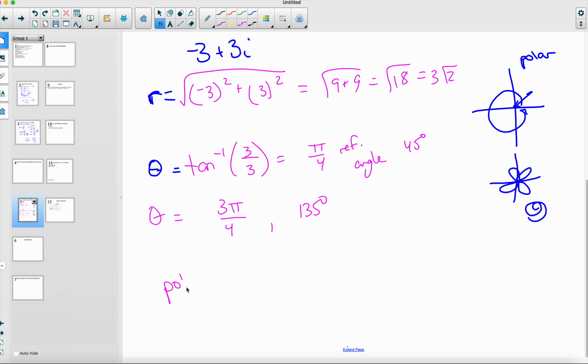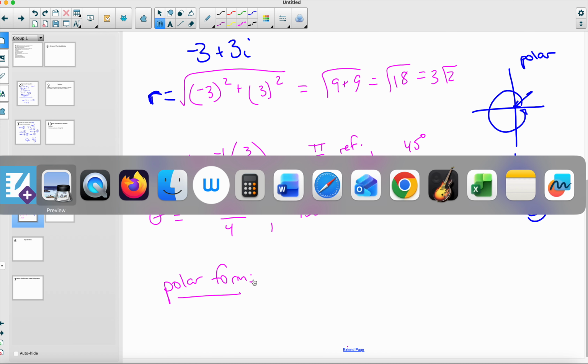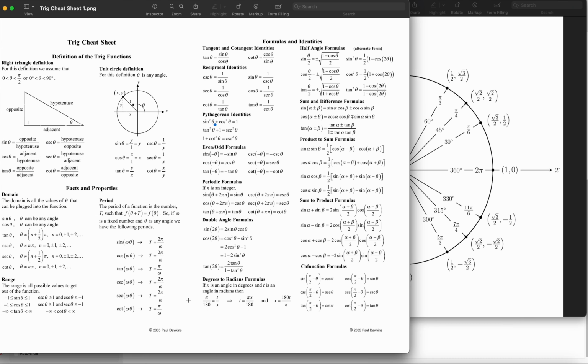So then we have polar form. And this is something that I would probably say to add. If you want, you can add it to your reference sheet. It's not on here because it's not really part of the trig cheat stuff, but you can write polar form yourself.